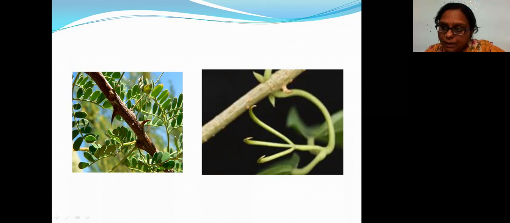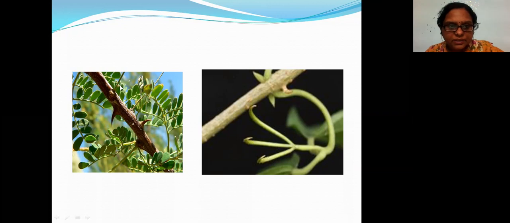Here you will have a bud, like this bud. Can you see this portion, this portion? This and this are the same, but from this portion a leaf has come out, and this portion has converted itself into thorns. That's why we say this is a modification of leaf. So instead of the leaf coming out, thorns have come out.